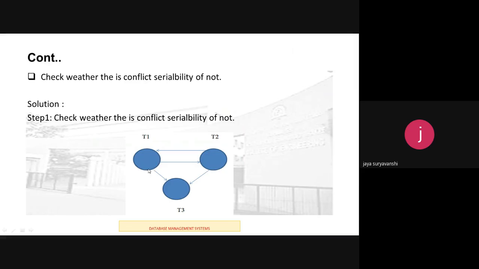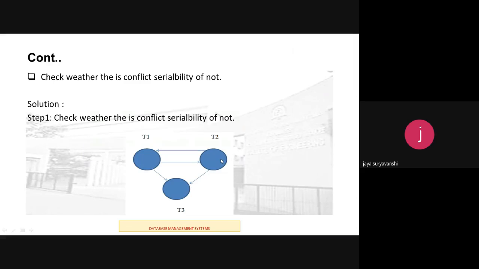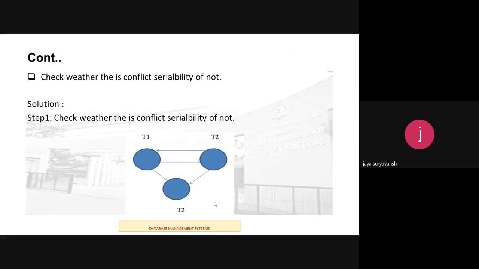One edge is there because T1 is performing its operation, then after that, on the same variable, T2 is performing its operation. And now we have to find the write-write conflict. After T2 performs the write operation on variable A, T3 performs the write operation on it. So again there is an edge from T2 to T3, because T2 is performing its operation and then T3 is performing its operation.